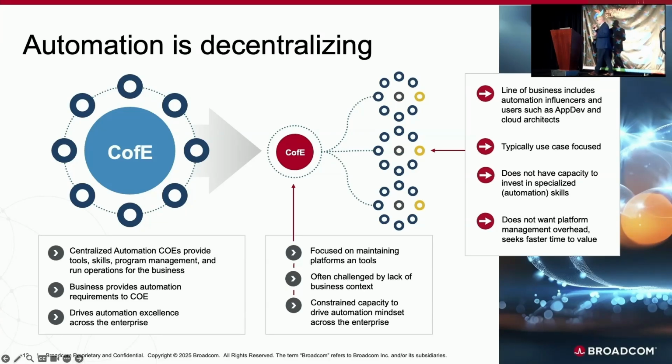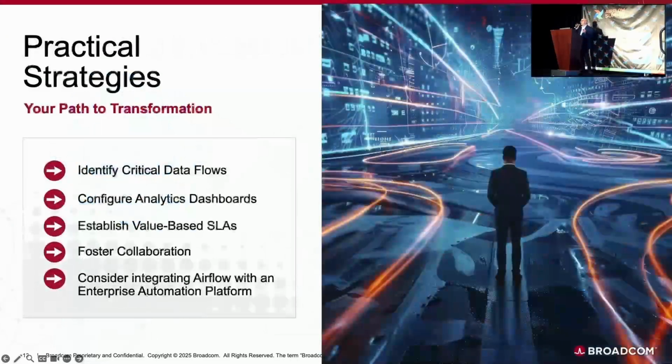We're moving towards a self-service model, which means that the COE is now focused more on maintaining the tools, more on being able to control the capacity and drive their automation platform forward.